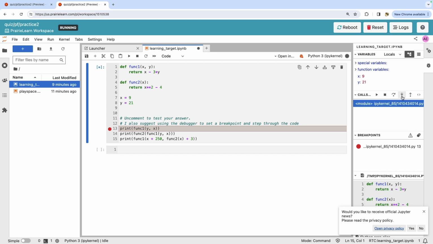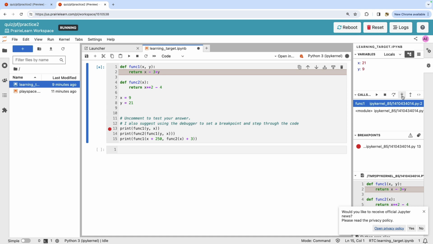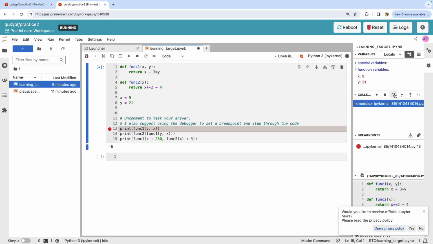And I can step into, notice the arrow pointing straight down, I can step into that function, and I can see here now that the x is 21 and the y is 9, so I can see how those parameters were passed and make sure I get those values lined up in order. And then I can step through and see the negative 6 and so on.